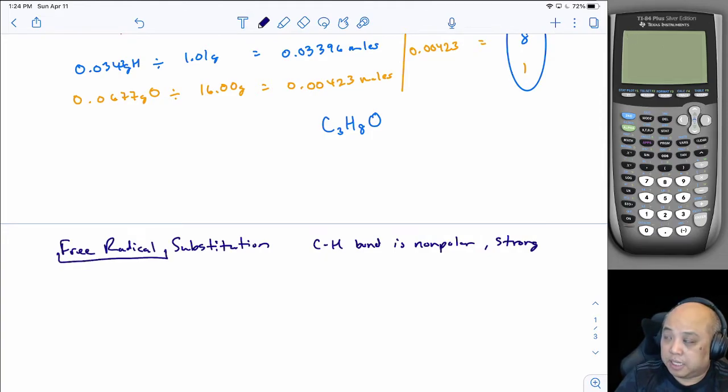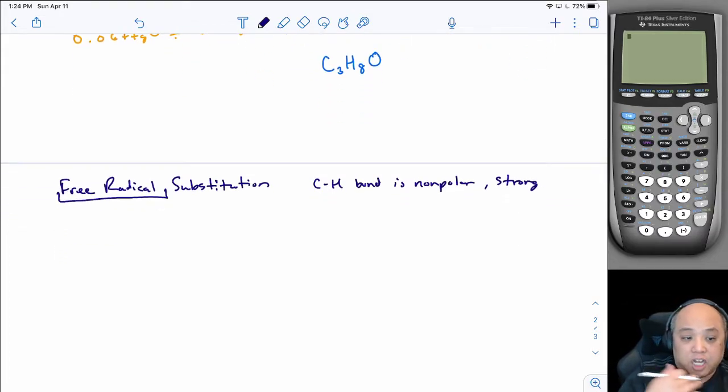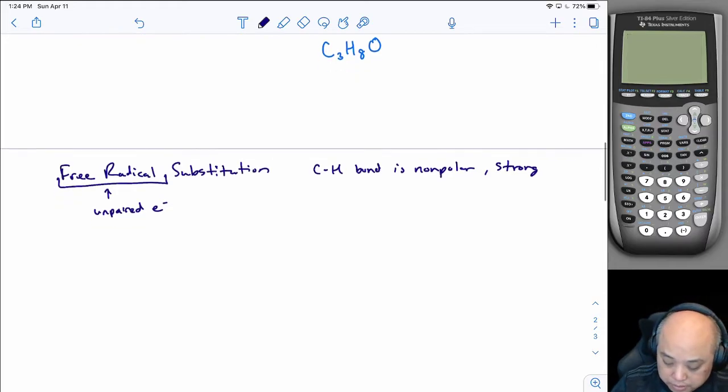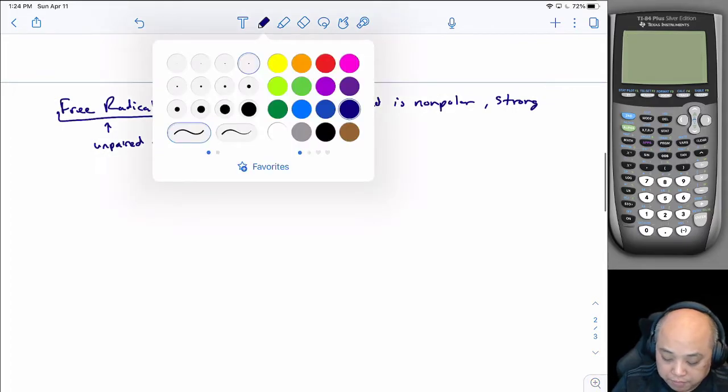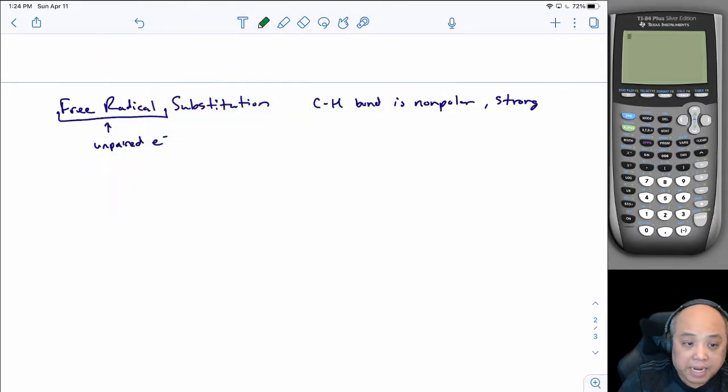A free radical has an unpaired electron, which makes it more conducive to break a strong bond like a C to H bond to resolve that unpaired electron in a species.